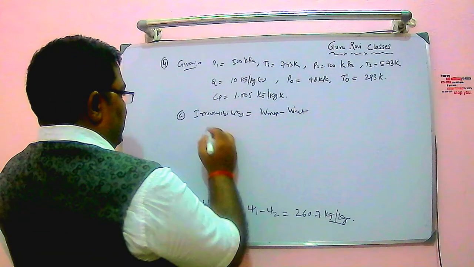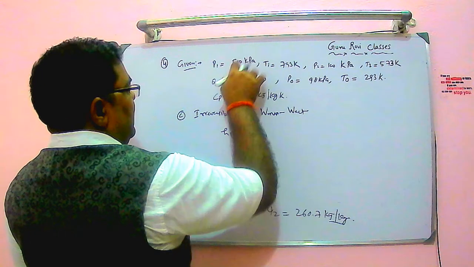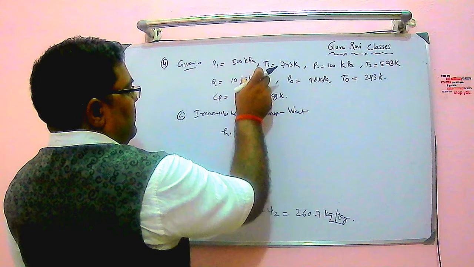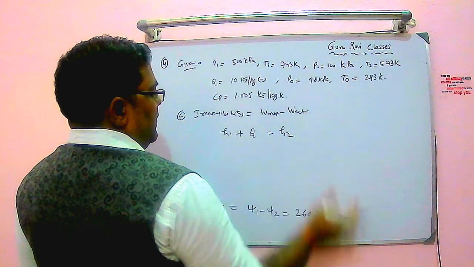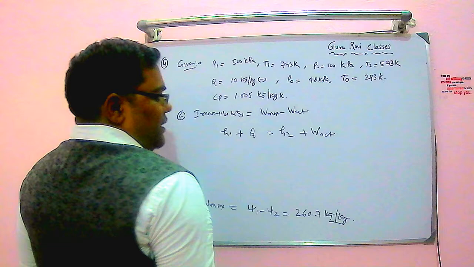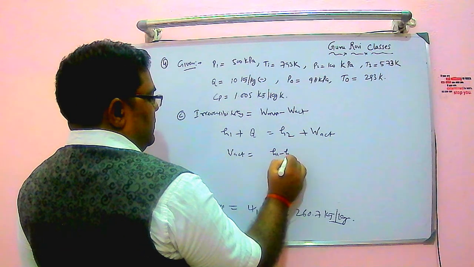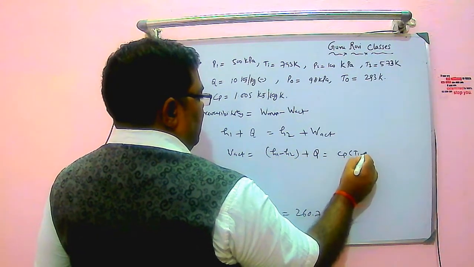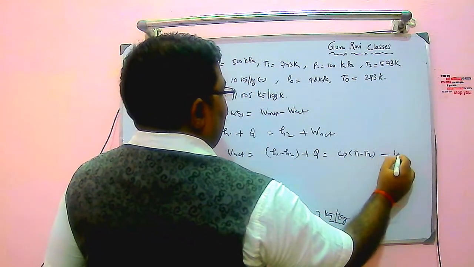On a per unit mass basis we can write h1 plus Q, the heat transferred, is equal to h2 plus the shaft work produced, which is W actual. We write plus Q, but when we put the value we put minus because heat is getting rejected. So W actual is equal to h1 minus h2 plus Q, which is Cp (T1 minus T2) minus 10.